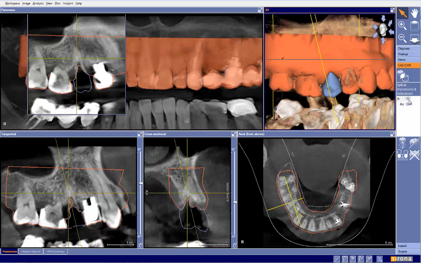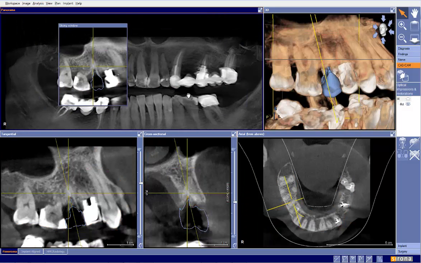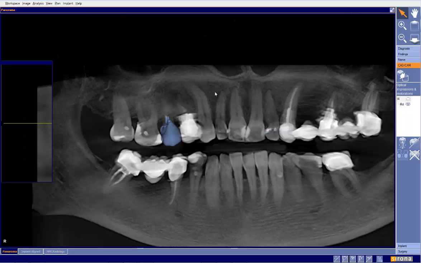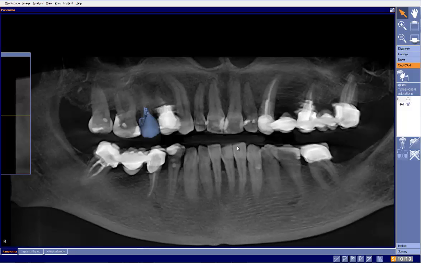And then if we look at the data itself, excuse me, the pan itself, what we're able to see here is that this is a good case for an OptiGuide. Tooth number 2, tooth number 6, 7, 8, 9, 10 are good for integration.